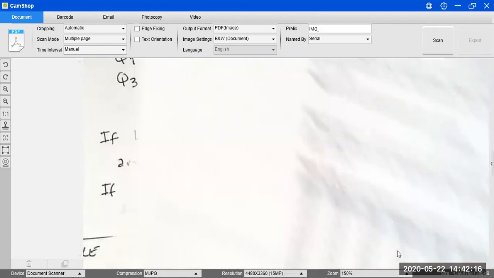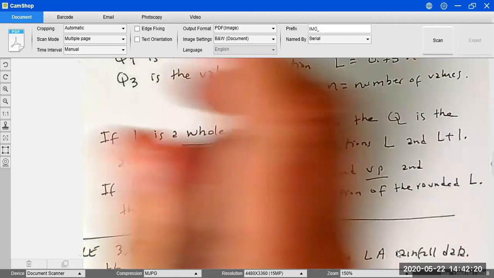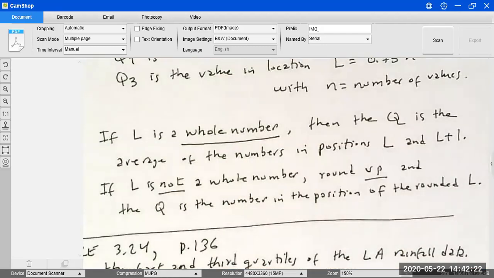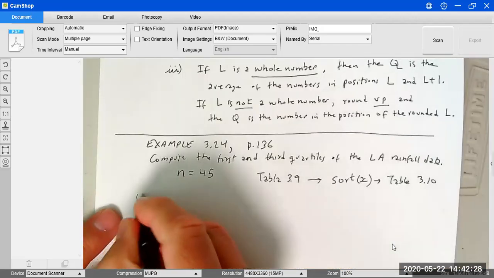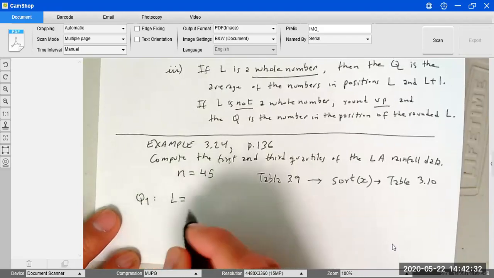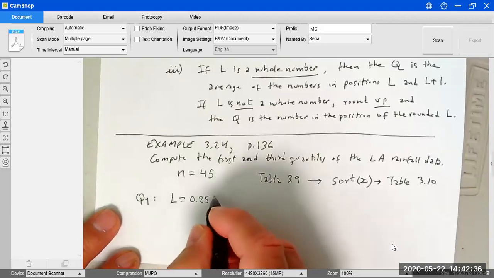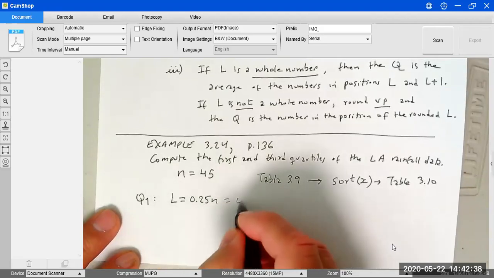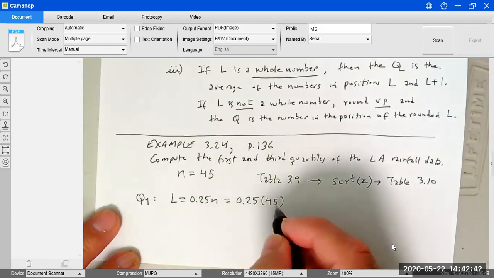So let's do that. For the first quartile, we need to find the location first. The location is just 0.25 times n. In this case it is 0.25 times 45.